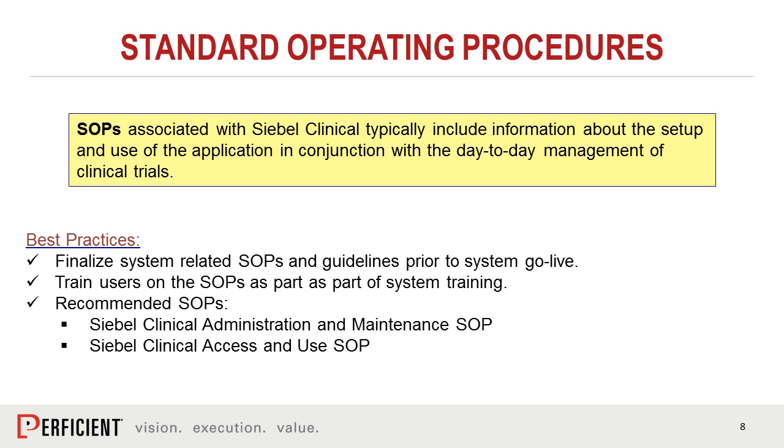In that way, during your implementation, you have the chance to update your SOPs and work practices in relation to the application that's going to be implemented, in this case, Siebel Clinical. The existence of up-to-date SOPs is going to enable standard trial management across the organization and result in consistent and effective clinical practices across the board.